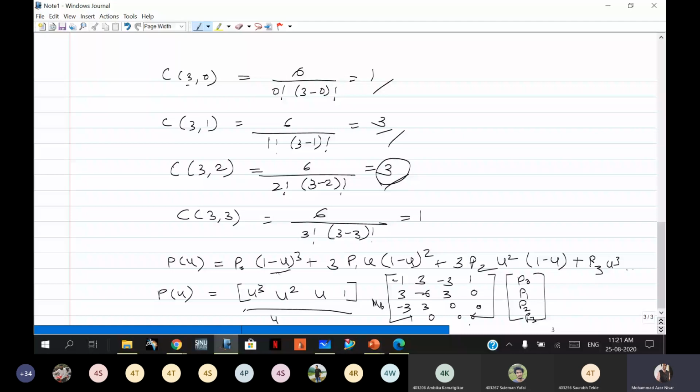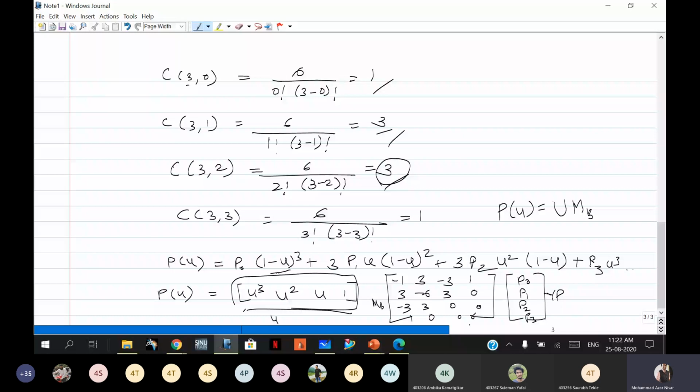So you can write the final equation as P of U equal to this capital U, into MB, into the position P. Okay, so this will be the final equation.